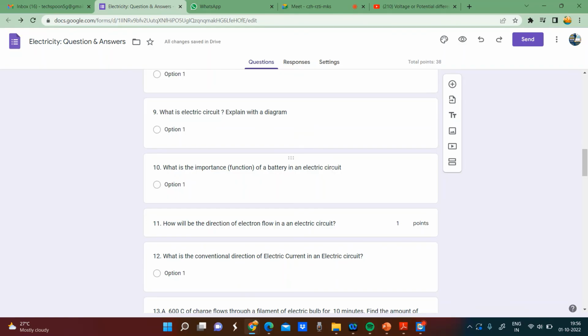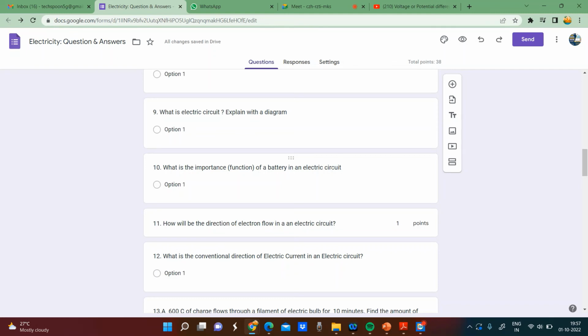A battery or cell creates a potential difference, which moves the electrons from one point to another.